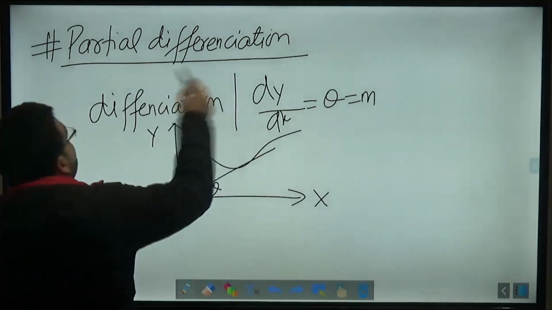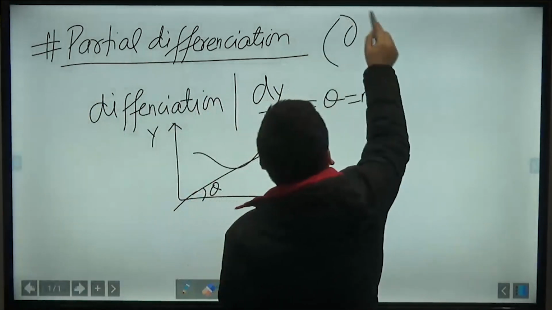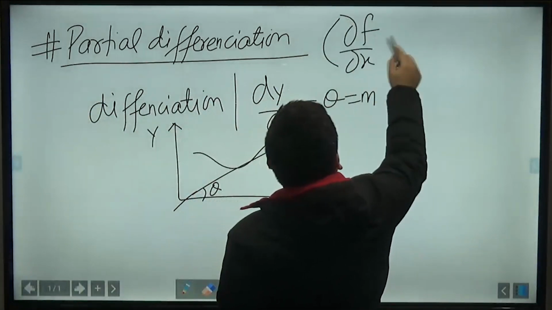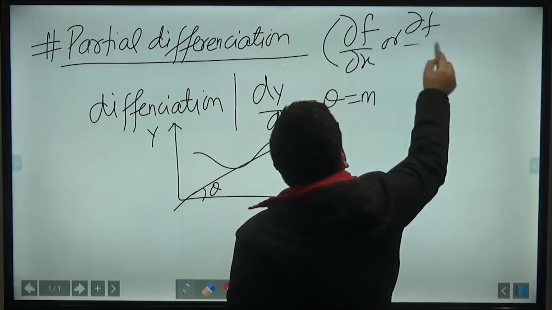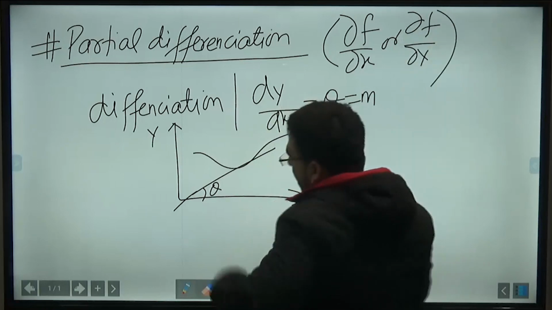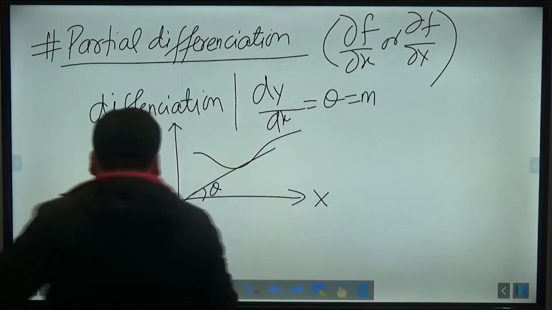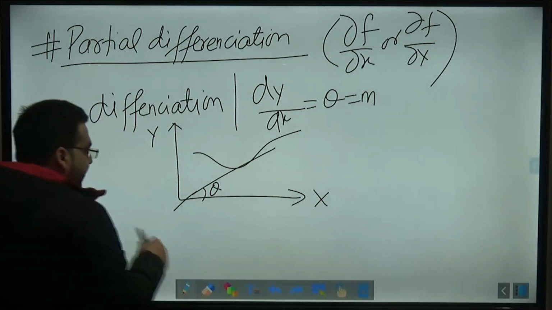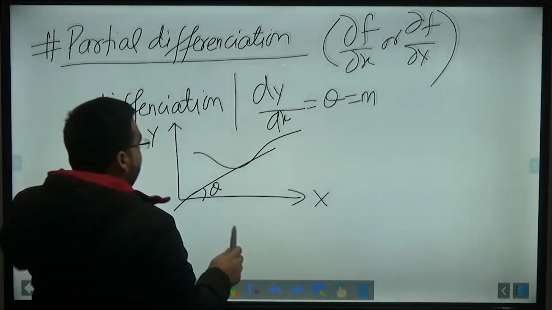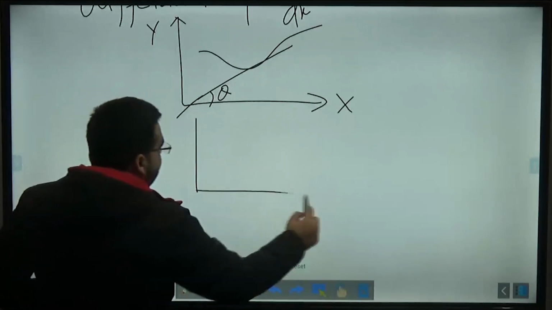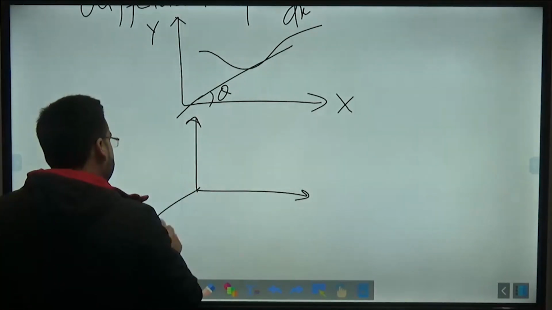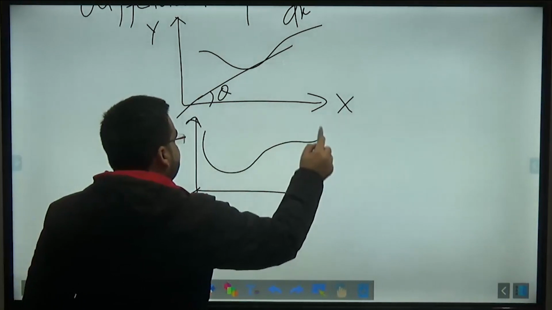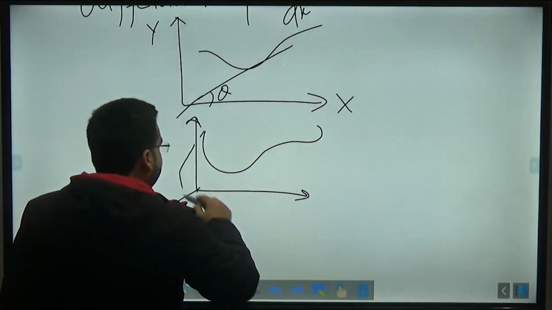What is the meaning of partial derivative? Partial differentiation is given by dou f upon dou x, or dou f upon dou y, or dou square f upon dou x dou y, and so on, dou square f upon dou x square, and so on. What is the meaning of it? You have a three-dimensional surface.